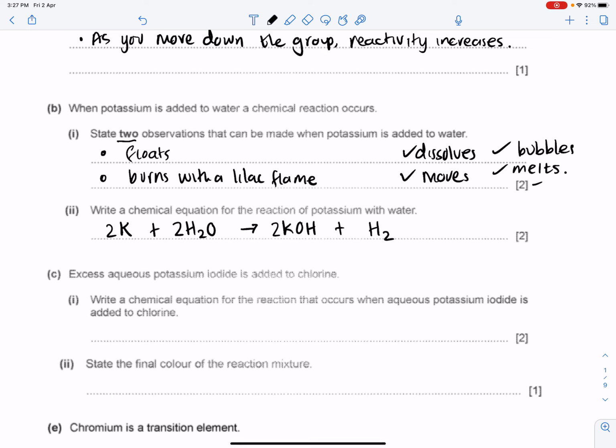Then we've got 4 hydrogens and 4 hydrogens, 2 potassiums, and 2 oxygens and 2 oxygens here, all balanced. You get 1 mark for the balancing and 1 mark for the species.